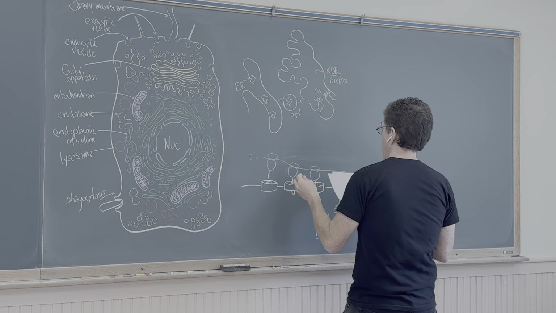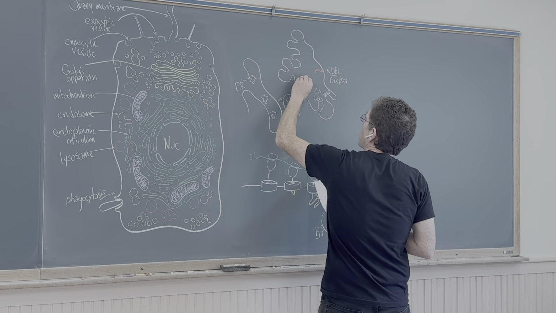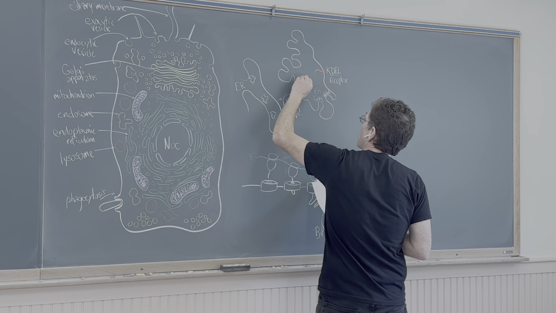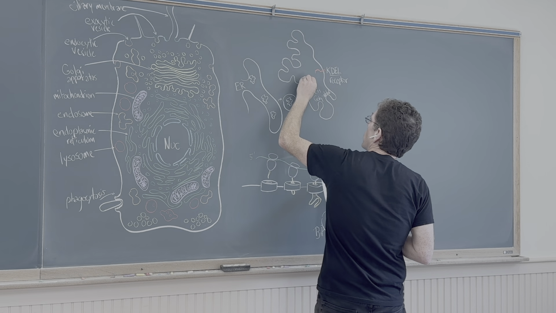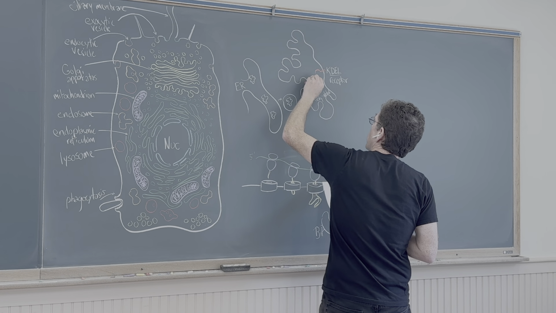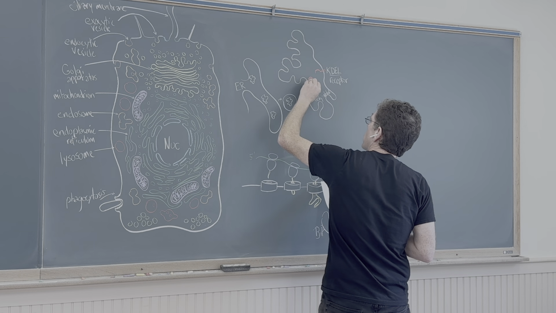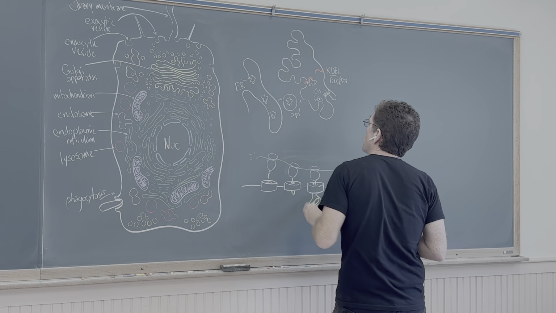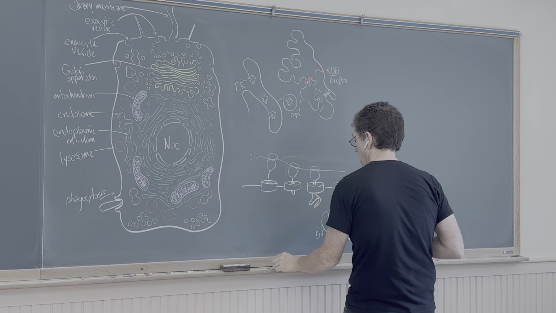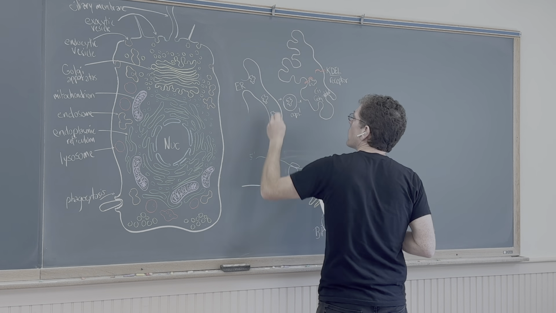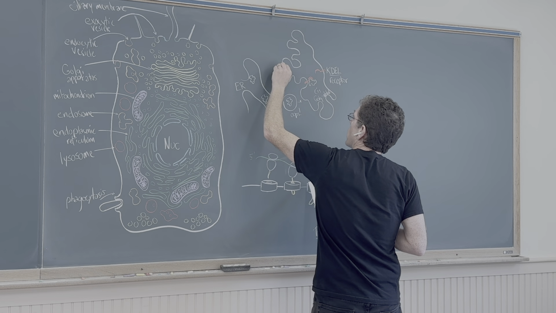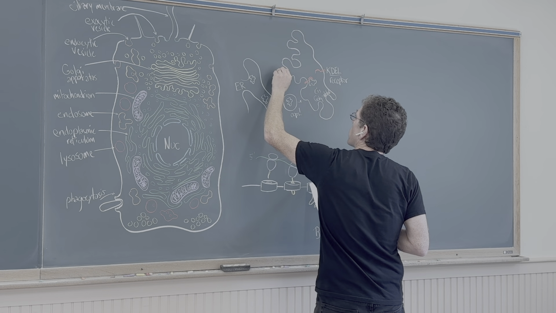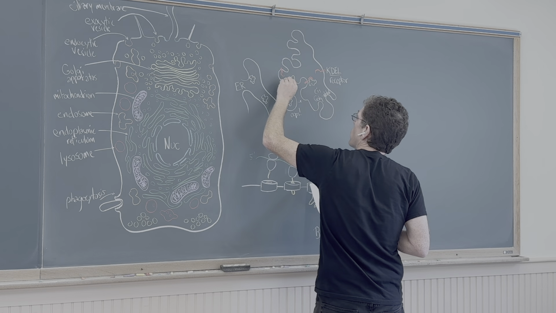The KDEL receptor's job is to go and catch little puzzle pieces that make it in here by mistake. It gathers them up and stimulates vesicle formation around them.